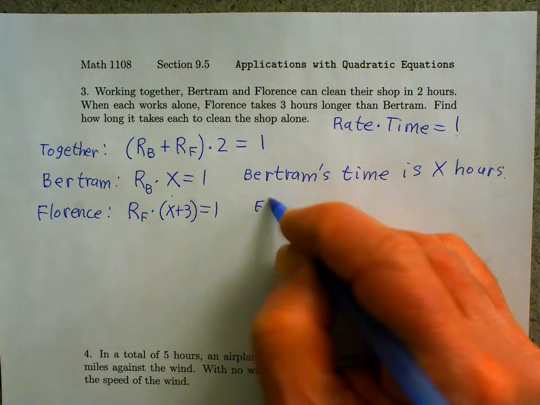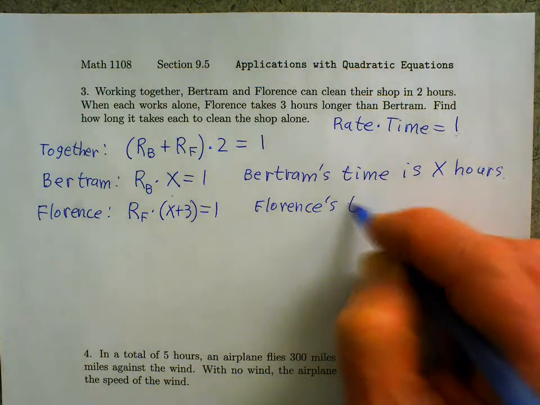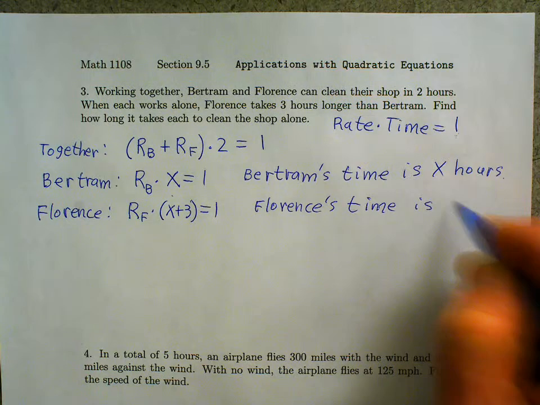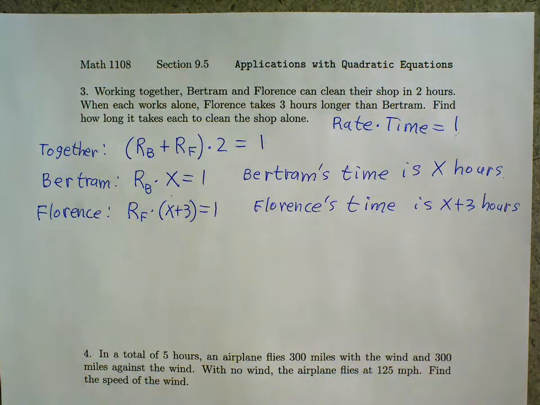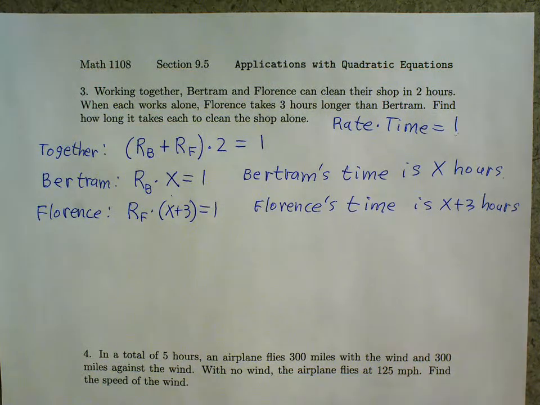So in other words, Florence's time is X plus 3 hours. We want to know what X and X plus 3 are. So we need an equation whose only variable is X.